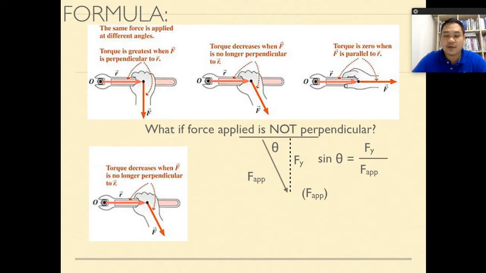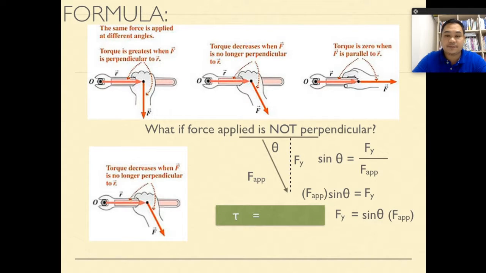Our general formula for the perpendicular force would be F applied multiplied by the sine of that angle, so we get the force which is perpendicular. Therefore, Fy is equal to F applied times sine theta. Since our general formula is this, we could summarize it into this formula.